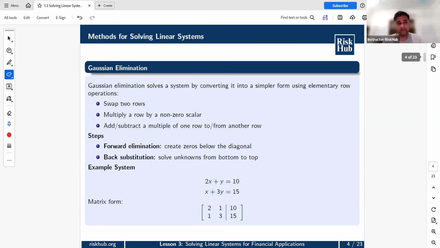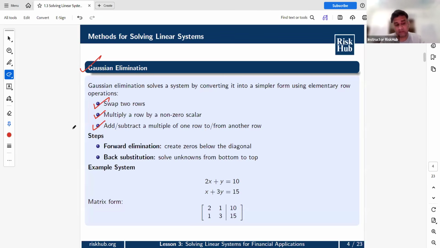Then we have the next part, right? Okay, now here we are getting into Gaussian elimination, right? When you talk about Gaussian elimination, we're trying to go deeper now, right? Please understand very clearly that you look at your elementary row operations, right? So the three allowed operations here are swapping of rows, multiplying of rows, and addition or subtraction of rows, and these preserve the solution.